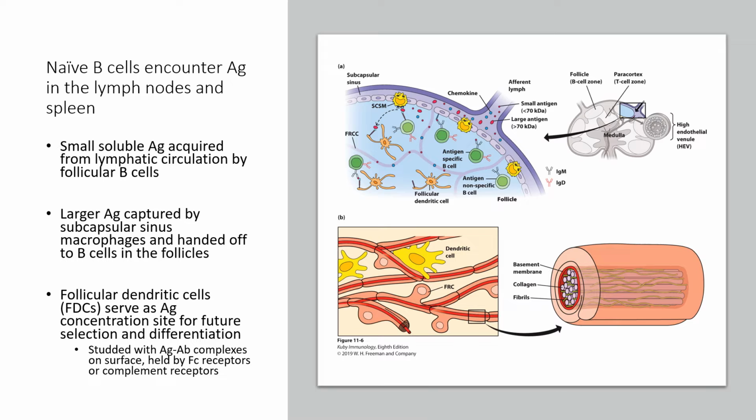The B cells first have to acquire their antigen. There are a few different ways that they can get these antigens. They can drink it directly from the surrounding fluids. This is through pinocytosis, drinking small amounts of extracellular fluid.